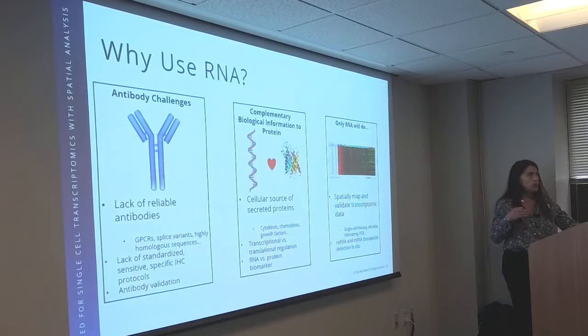In fact, for most newcomers to the technology that are reaching out to us, a significant portion of those people are coming to us because their reviewers on their papers are insisting that they show expression in situ. And so that's where we felt like it might be worth extending out to the larger community and moving it up a bit.